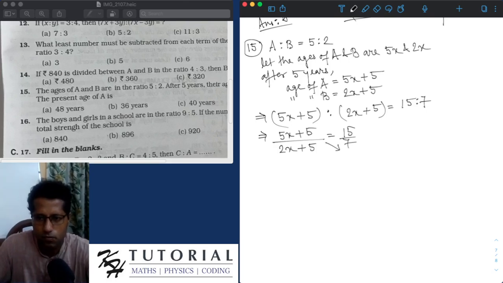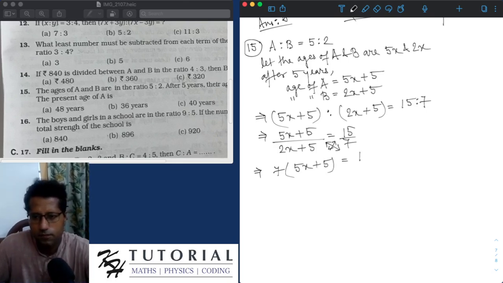Now if we do cross multiplication, we get 7 into 5x plus 5 equals 15 into 2x plus 5.